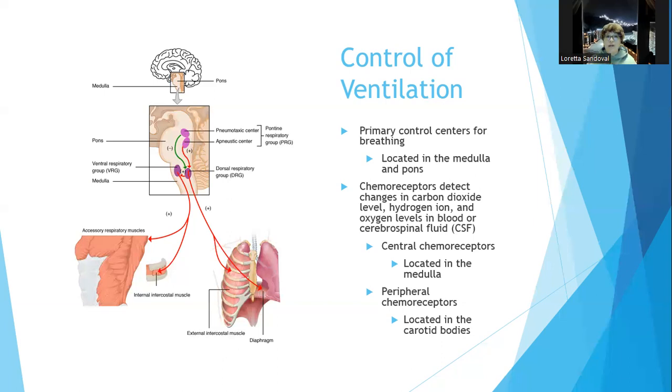So it's controlled by the central nervous system, unlike the heart rate, which is controlled more by the peripheral nervous system, the autonomic nervous system, even though the central nervous system has its hand in, it always does. But there is not as much effect. There's some effect from bronchial dilation and constriction from the sympathetic and parasympathetic nervous system, but there's more control from the brainstem in the respiratory system.